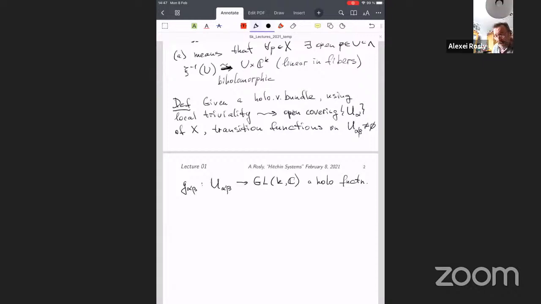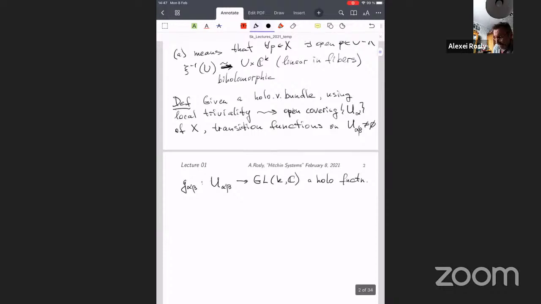When the transition functions come from a holomorphic bundle, first of all, they automatically satisfy the so-called one-cocycle property.